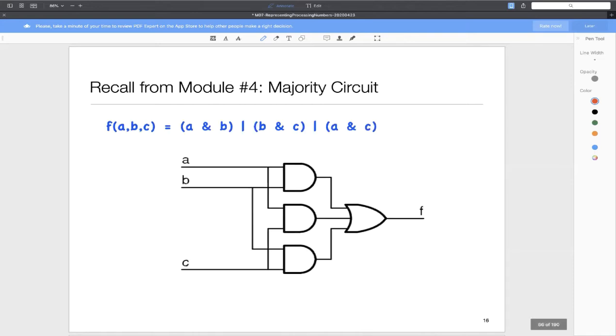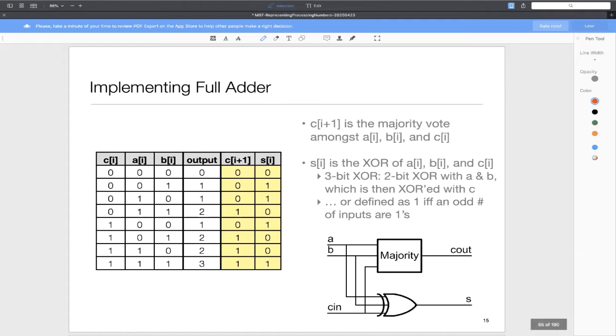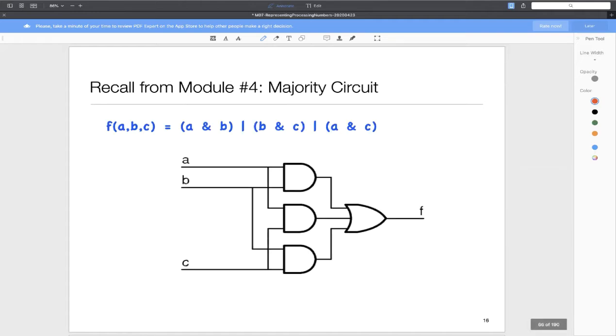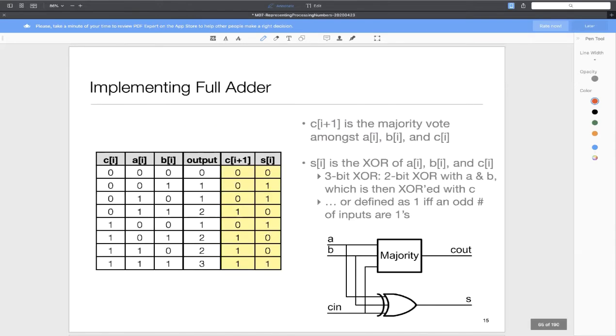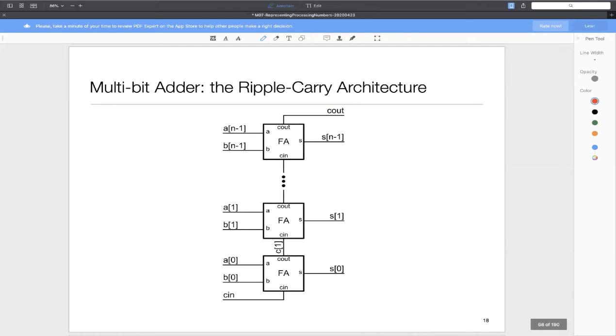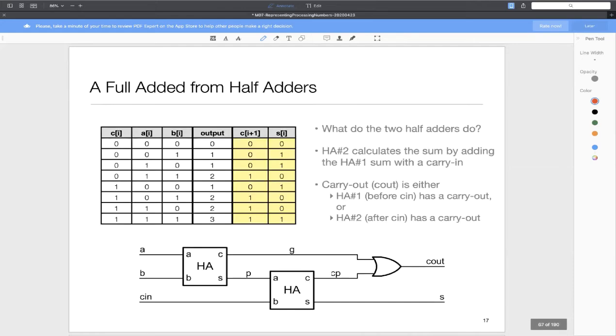Okay, so I can optimize this stuff also. So the majority circuit, this is from a previous module, is basically this function. So we had seen this thing before. And the 3-input XOR gate, you can actually do XOR of XOR. So that works out well. But there is another way of looking at it.